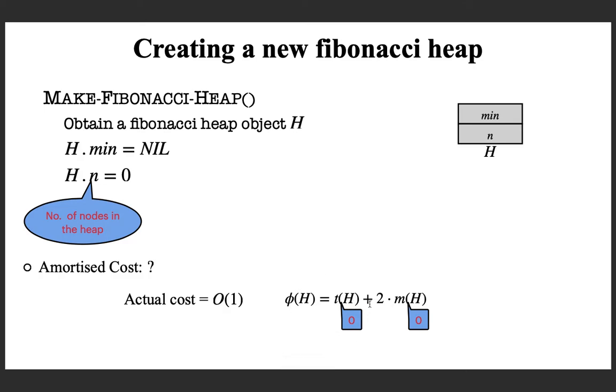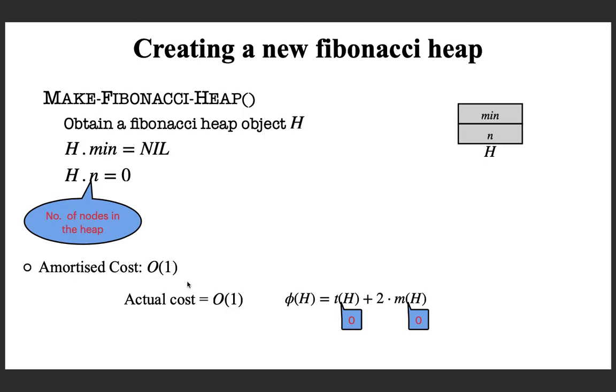So the potential of the first instance itself is 0, and hence the amortized cost, which is the actual cost plus the potential difference, which is now 0, is order of 1 itself. Thus we have an order of 1 amortized cost algorithm for creating a new Fibonacci heap.